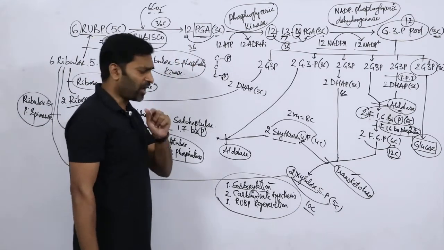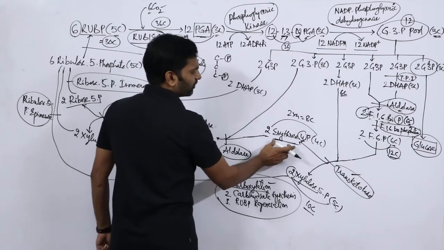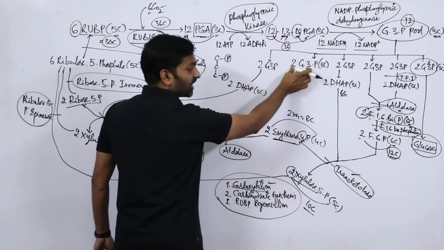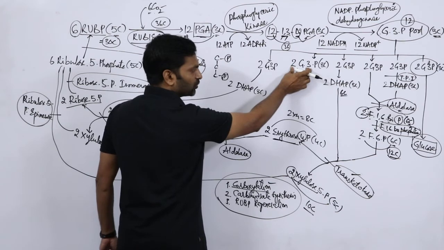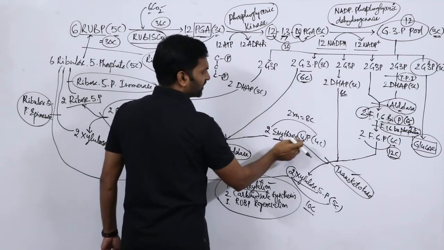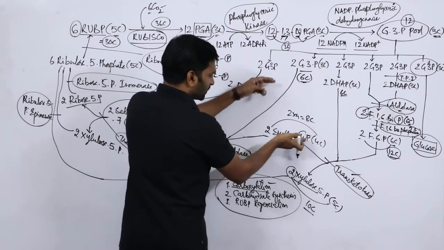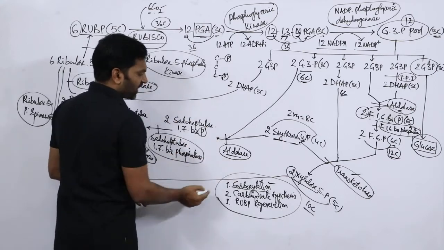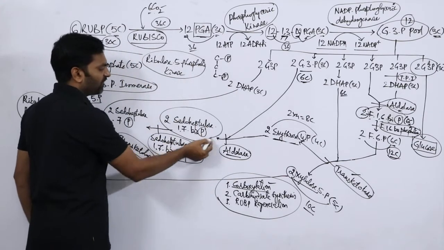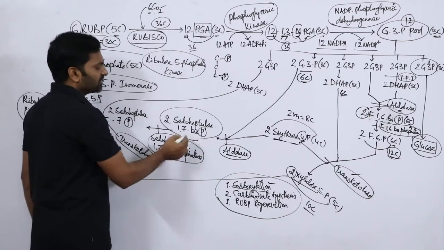Transketolase. Now this erythrose 4-phosphate again combines with another 2 molecules of glyceraldehyde 3-phosphate, nothing but 6 carbons. 6 plus 8, what? 14. So they combine together in the presence of aldolase, and there will be formation of pseudoheptulose 1,7 bisphosphate.